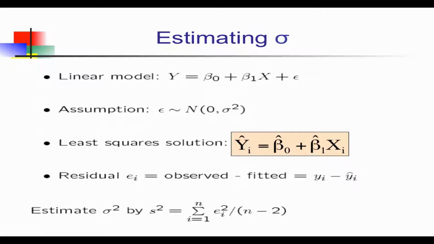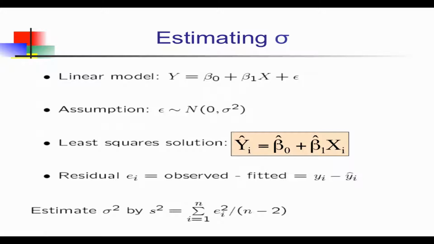This is actually fairly straightforward given what we have learned, because we have y, which is the observed value, and we also have the fitted value, which is y hat. Y hat is beta 0 hat plus beta 1 hat times x.